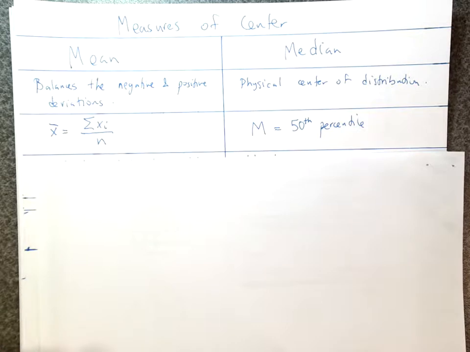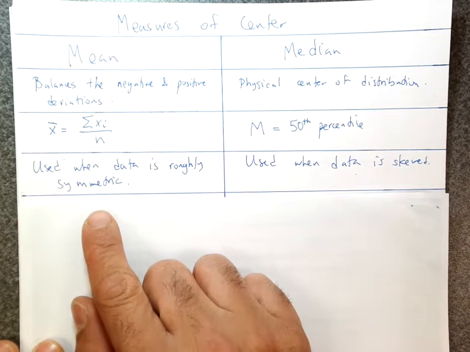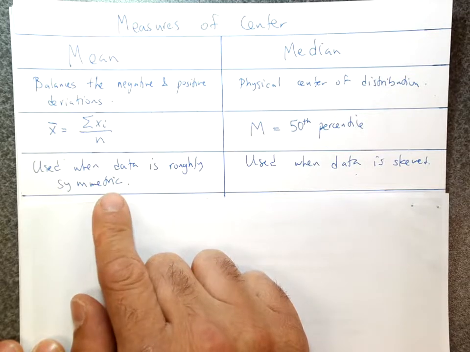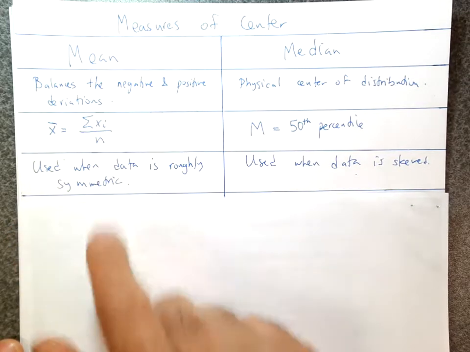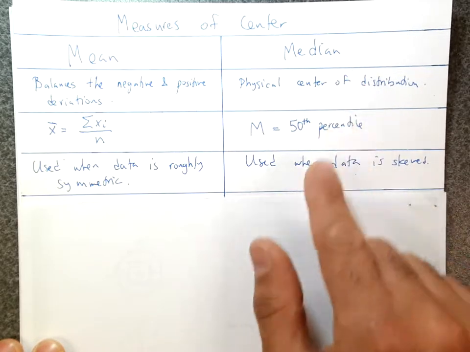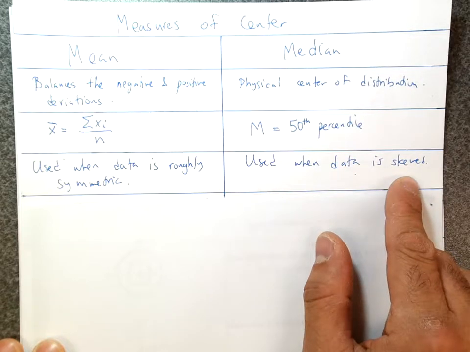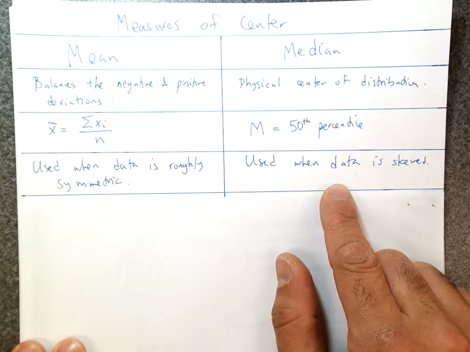One of the biggest takeaways is that when the data is roughly symmetric, that is when we are allowed to use the mean, and when the data is skewed, that is when we have to use the median. The reason being, when the data is skewed, the mean becomes an unreliable measure of center because it becomes skewed too much by the outliers, if there are any, or the skewness to one direction or the other.